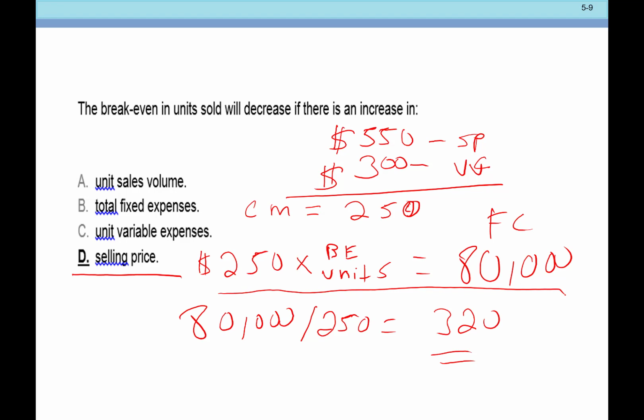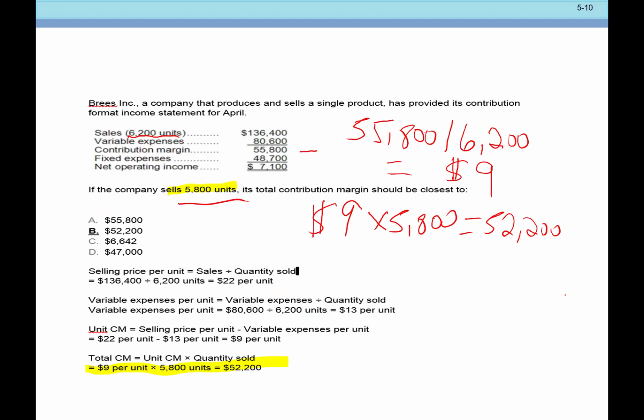Okay? Okay, good. Now you come over and you take a look at this one now, and it says Breeze Inc., a company that produces and sells a single product, has provided its contribution format income statement for April, blah, blah. The company sells 5,800 units.